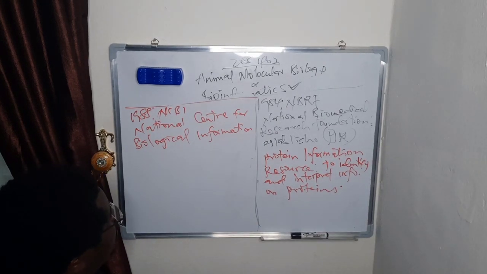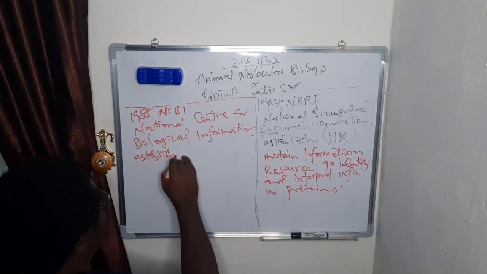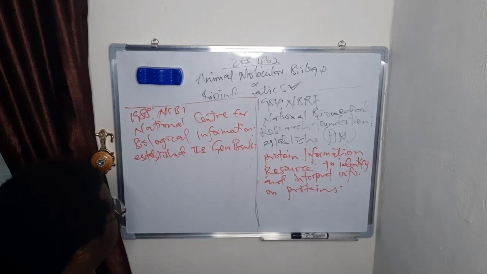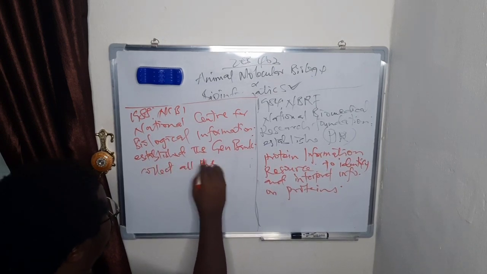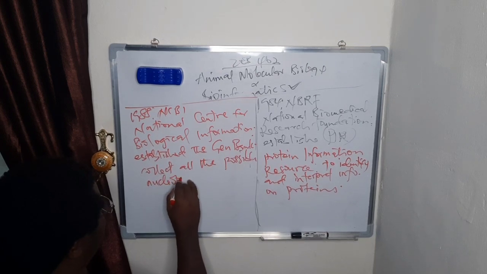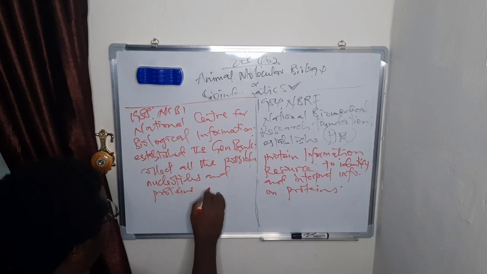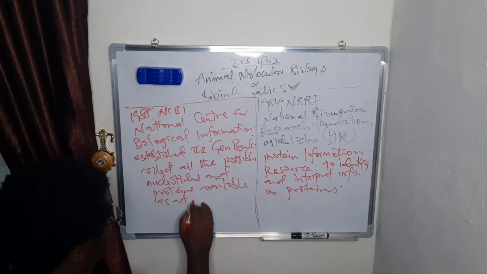They established the GenBank. The GenBank was used to collect all the possible nucleotides and proteins available as at that time.